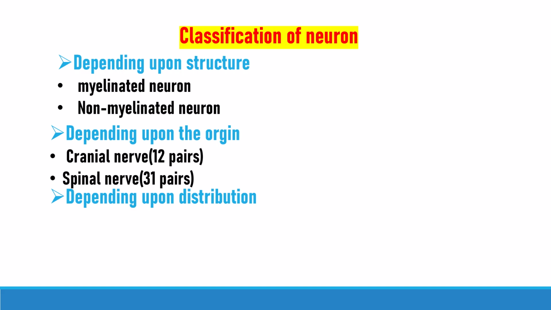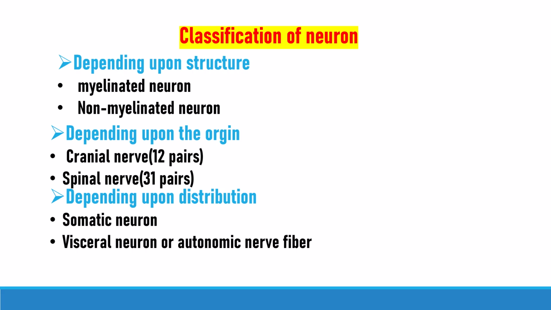Depending upon the distribution, it is classified into somatic neuron and visceral neuron, or the autonomic nerve fiber. The autonomic nerve fiber supplies the internal organs of the body, and the somatic neuron supplies the skeletal muscles.